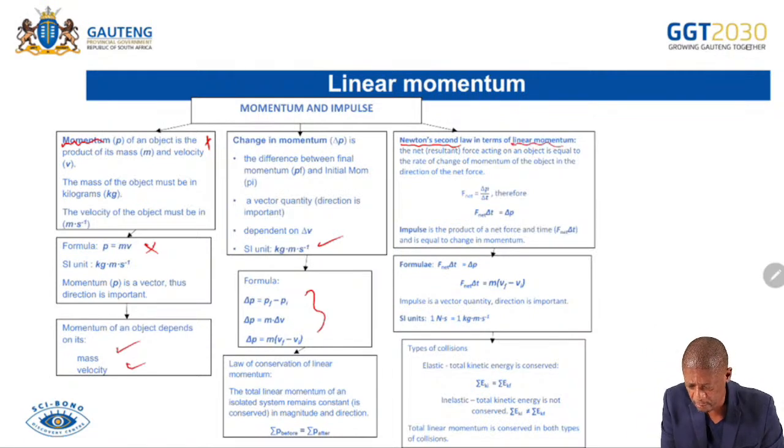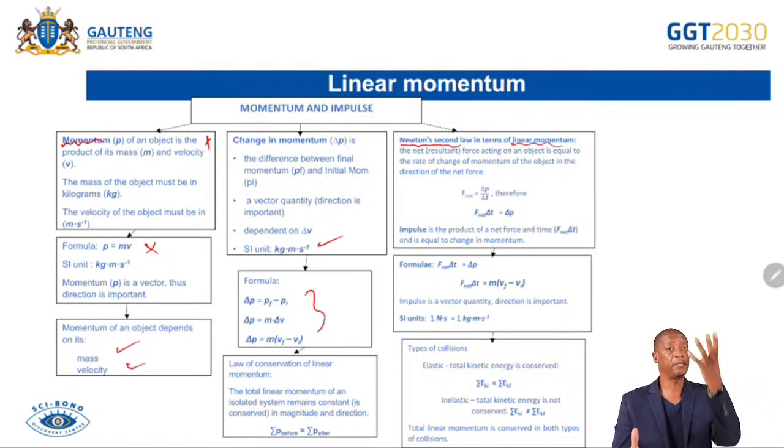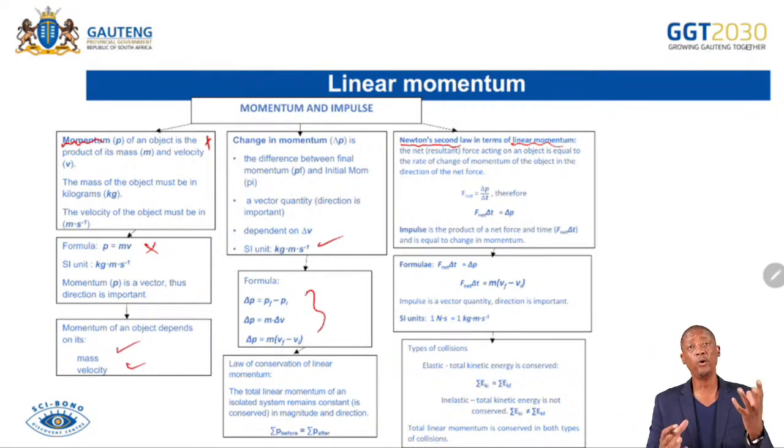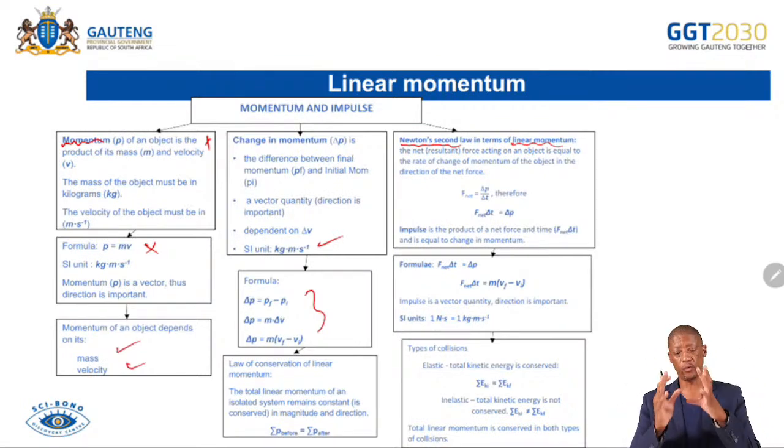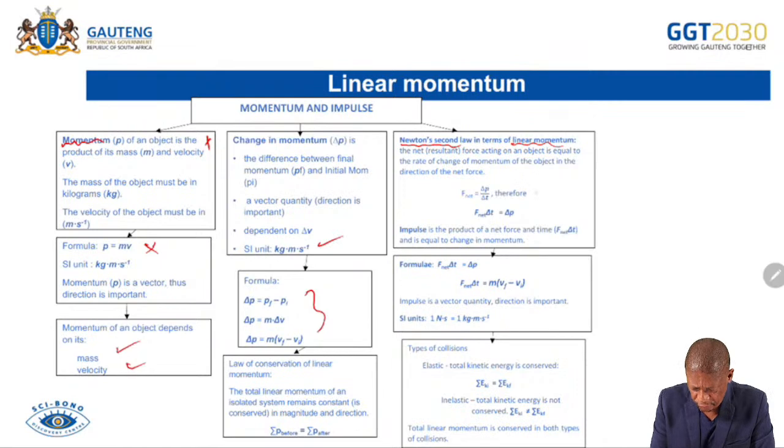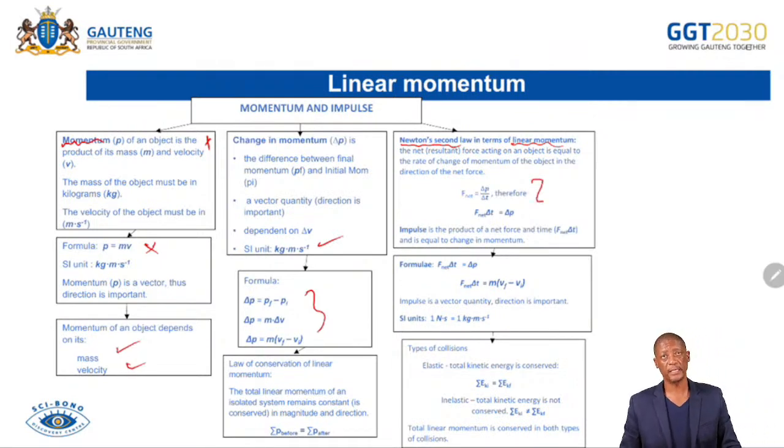Momentum, linear momentum. So there is a difference between the two. So we know how to state Newton's second law in terms of linear momentum. All right. Then it's going to give us the formula as well that we will be using to calculate the force or the net force in terms of Newton's second law.